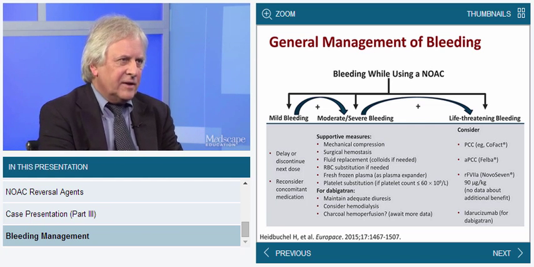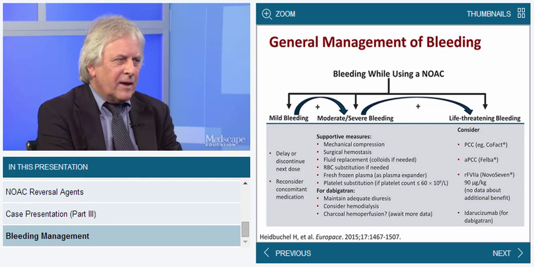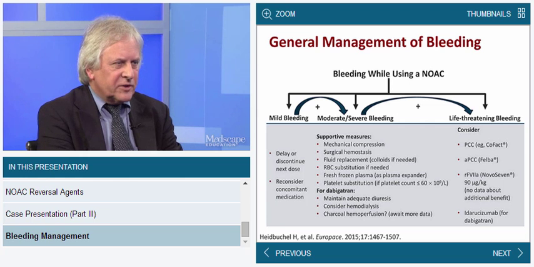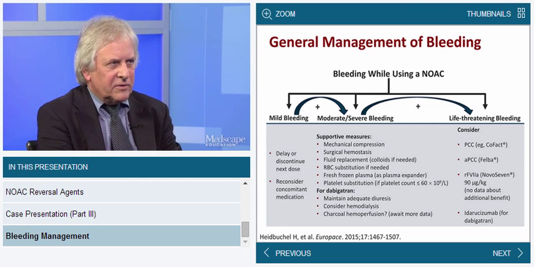Until andexanet will be available to antagonize the 10A inhibitors, what you could do at the moment is to use APCC, so activated prothrombin complex, perhaps even in combination with fresh frozen plasma, because for warfarin-induced bleeds, at least we know that the combination of these two things is obviously more effective than each approach alone.